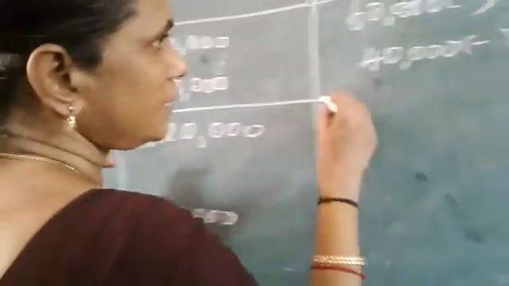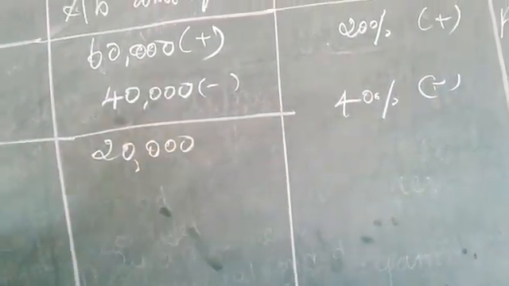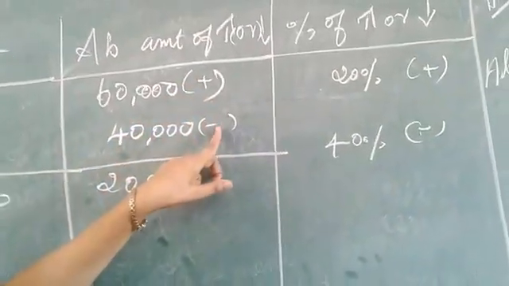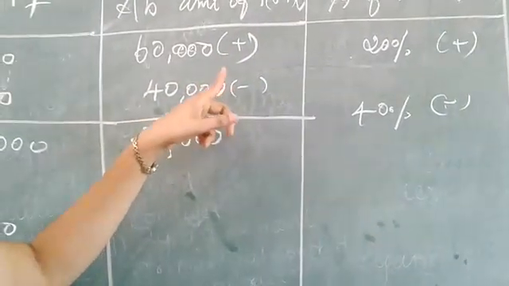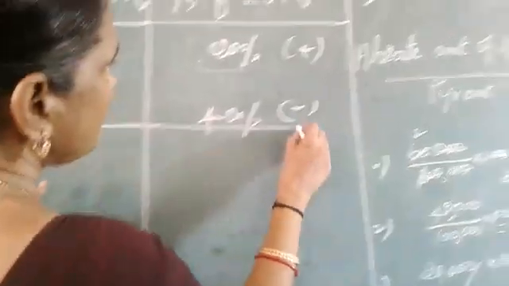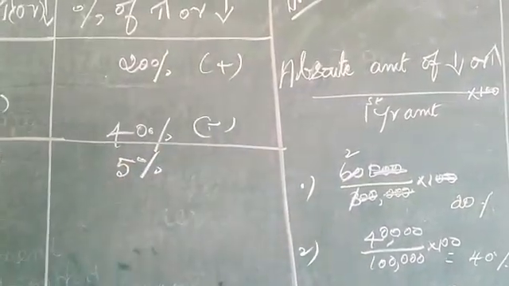Here, what is the answer will come? Yes, 20,000 will come. Why we are deducting here 20,000, here plus, here minus? Answer may be, yes, symbol may be different, so that only we are deducting. Then, now we are going to find out the percentage for here also. What percentage will come? Yes, 5% will come.